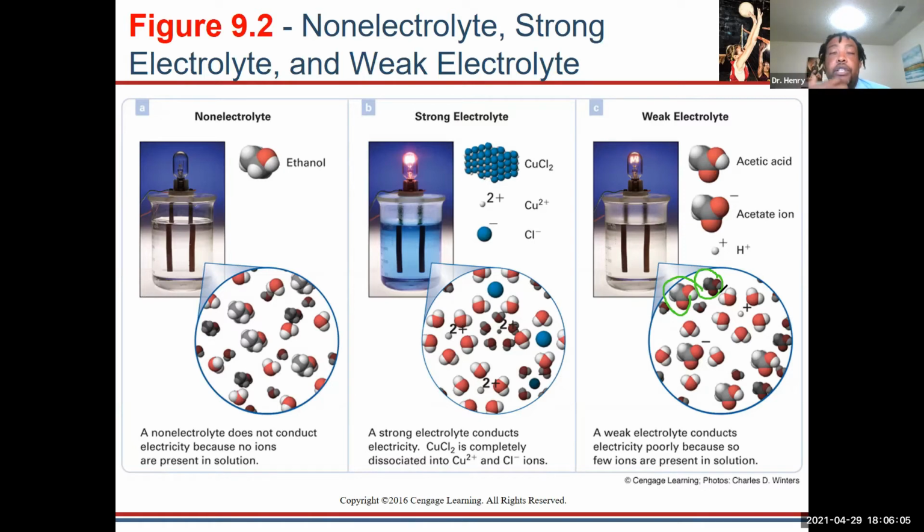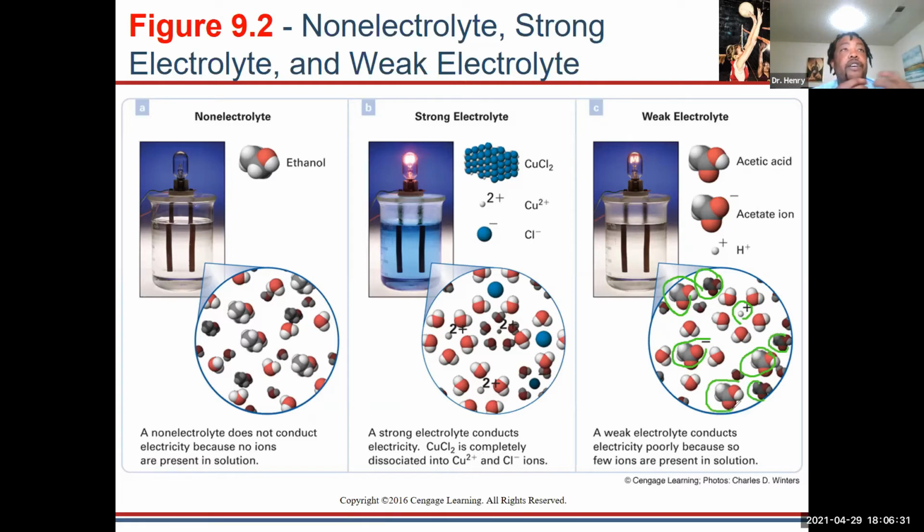When it dissociates, we get the acetate ion and we get the hydronium ion. This is your hydronium ion, and this guy represents the acetate ion. But you only have a few of these, like one or two, very few of them, compared to the number of acetic acid molecules in solution.